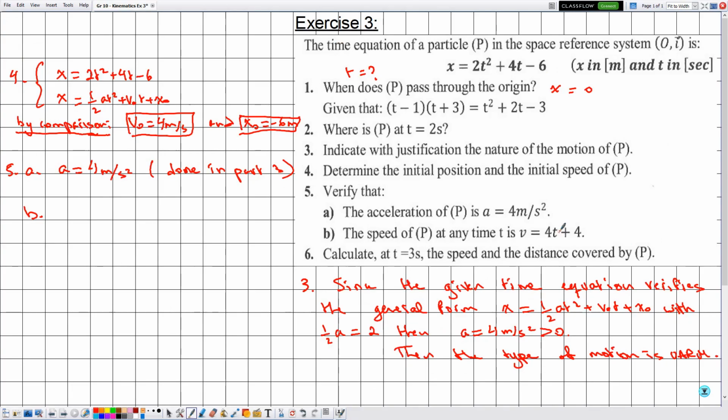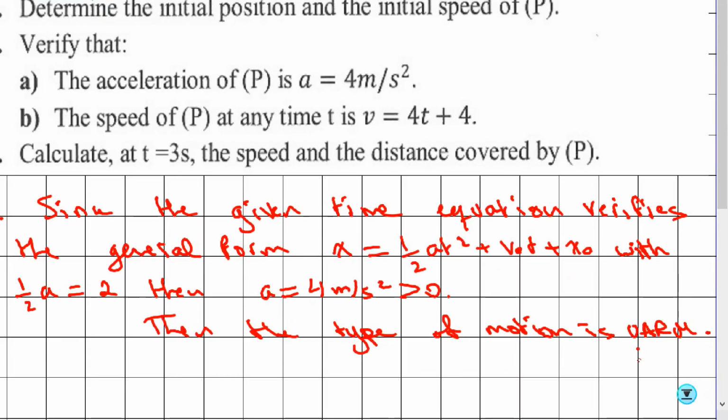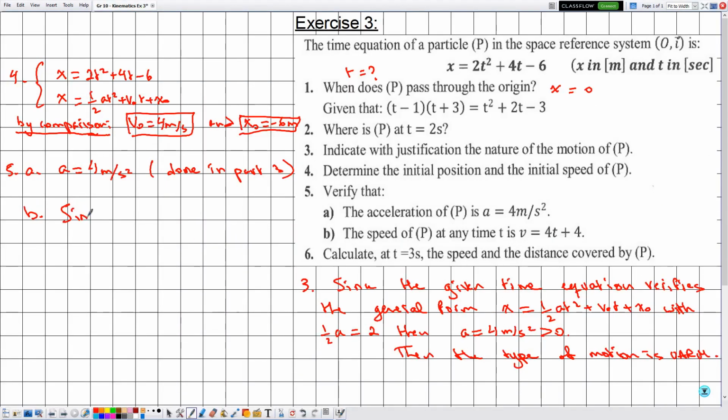And this can be done by referring to the nature of motion. So since the nature of motion in this case is given by UARM, then we have that v is equal to at plus v0, but we know that the value of the acceleration is given by 4 meter per second square, and the initial speed is given by 4 meters per second.